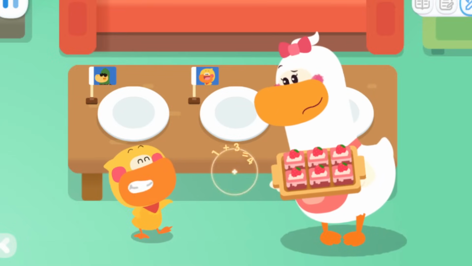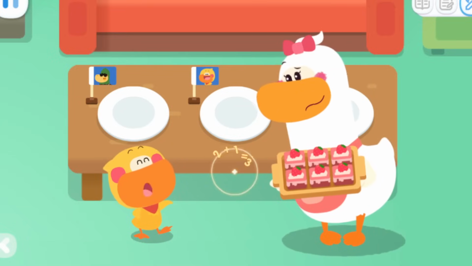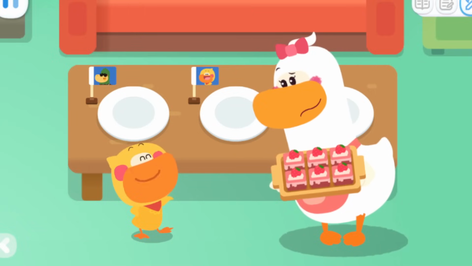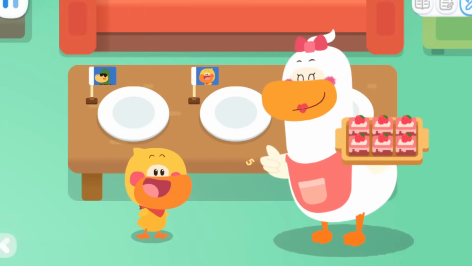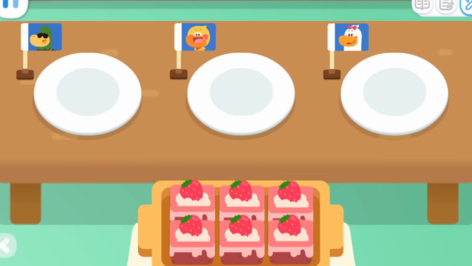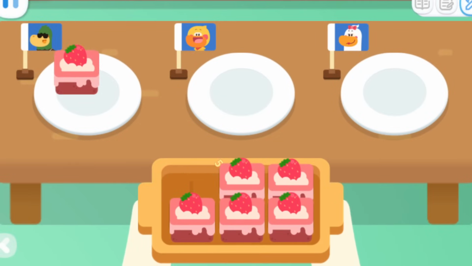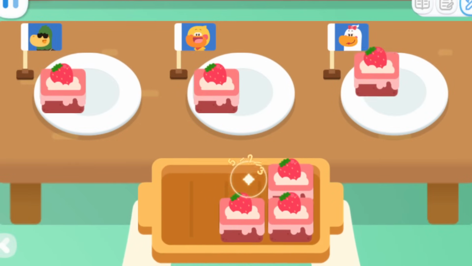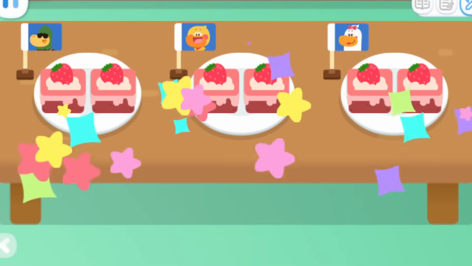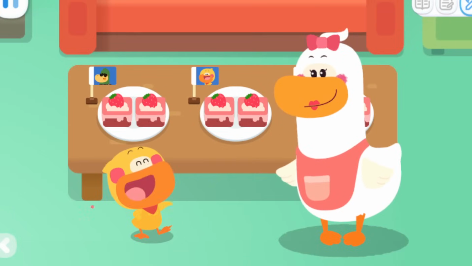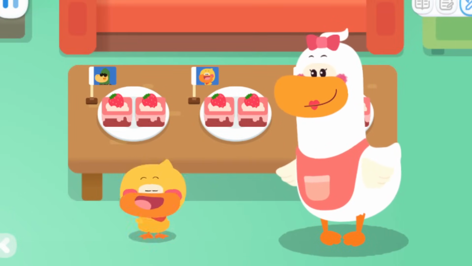I think we should divide them equally so we can all have the same amount of cakes. It's the fairest way. Good idea. Let's divide the cakes into 3 plates. Done! Each person can have 2 pieces of cake.